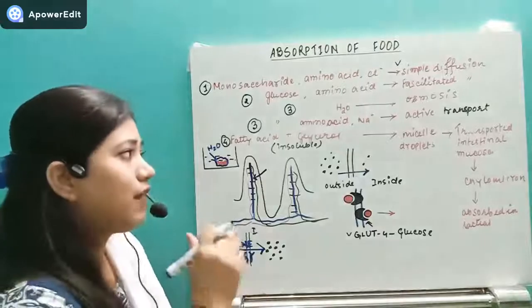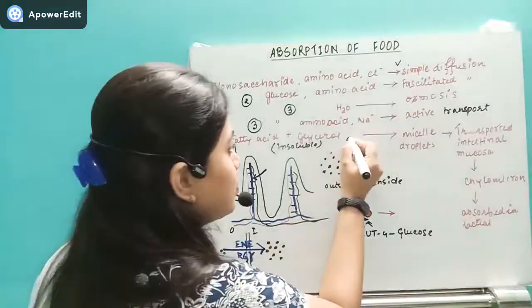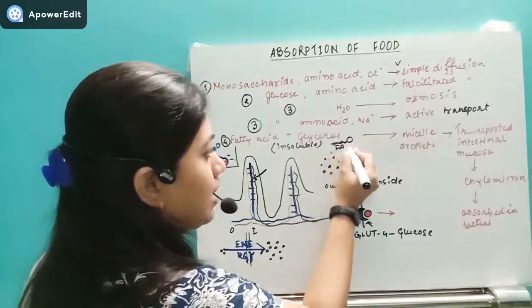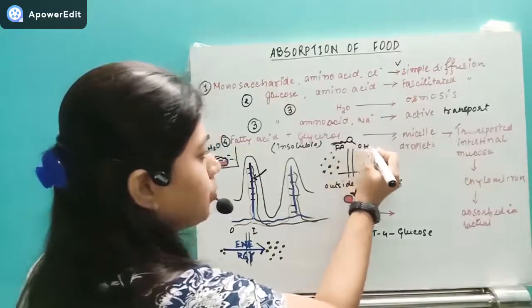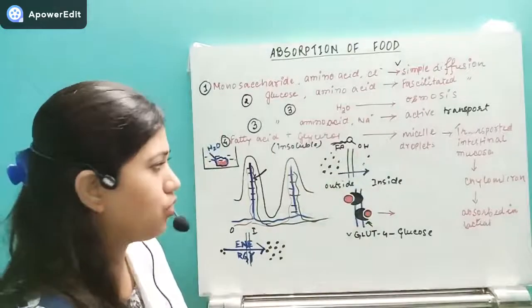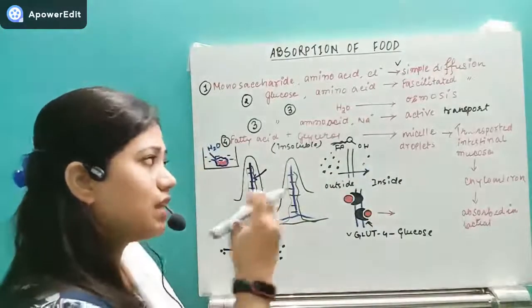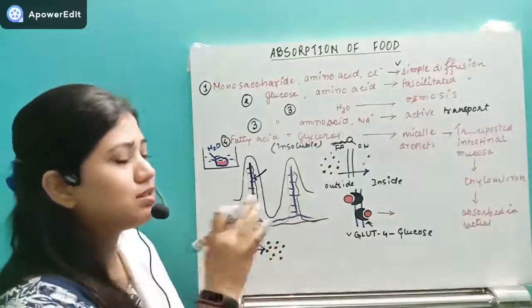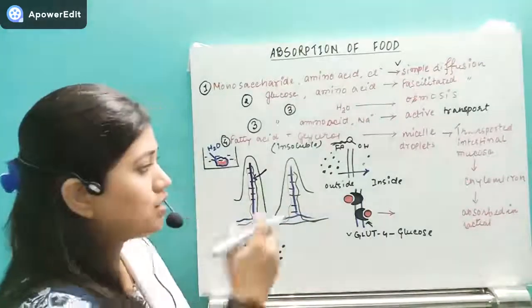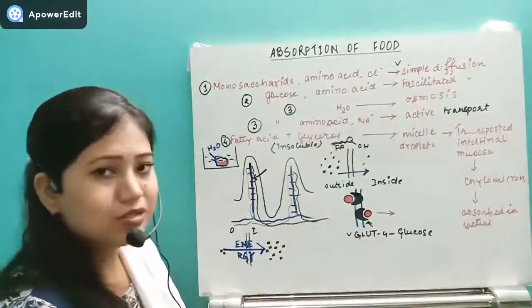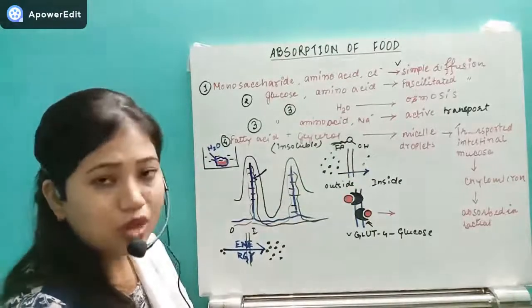Just see, fatty acid and glycerol have this structure. This is the long chain fatty acid and this is the glycerol. This fatty acid is a long chain and this glycerol is hydrophilic, and the fatty acid is hydrophobic. So this structure will not be able to be absorbed.